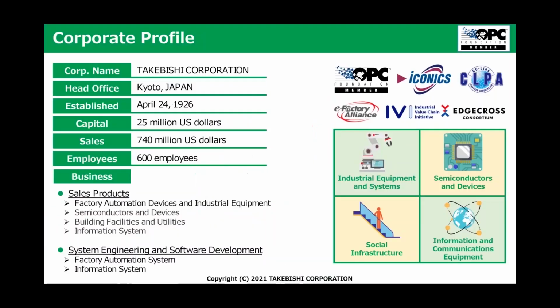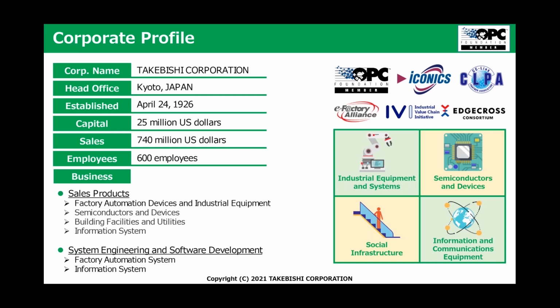So let me start to explain to you who is Takebishi Corporation. We are located in Japan, head office in Kyoto, and we are on the market already since 1926. We are about 600 employees in total, and our activities primarily are focused on the sales of products that are intended for factory automation and industrial automation, industrial equipment.